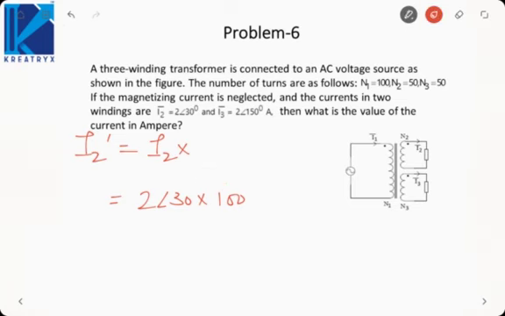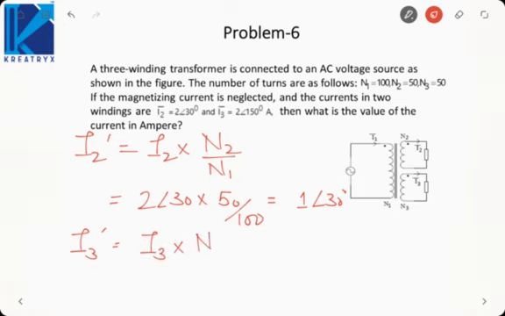Since currents are transformed in the opposite ratio, take care: N2 by N1. And remember, the easier way to remember this is that MMF of the primary will be equal to MMF of the secondary. So this will be 1 angle 30 degree. Now I3 dash will be I3 into N3 by N1.